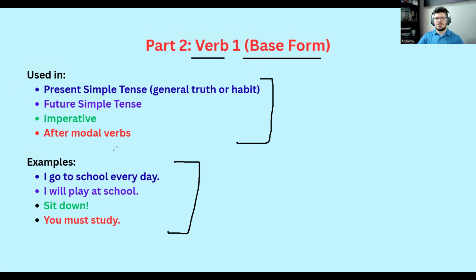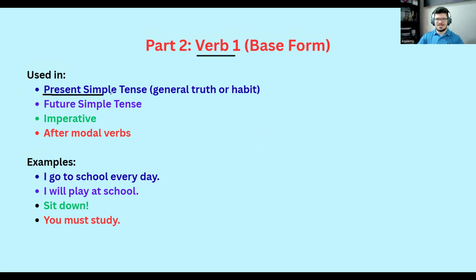Okay. So if we look at verb 1, in general situation, it will tell us present simple tense. I will explain tense in another video. So present simple tense, look at this color. It corresponds. I go to school every day. The word go is in base form, so verb 1.